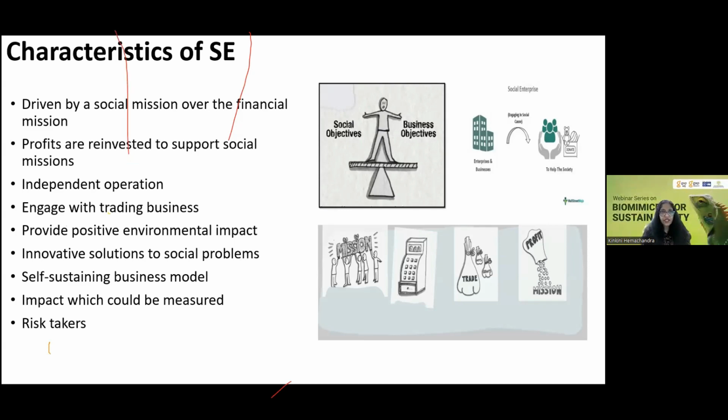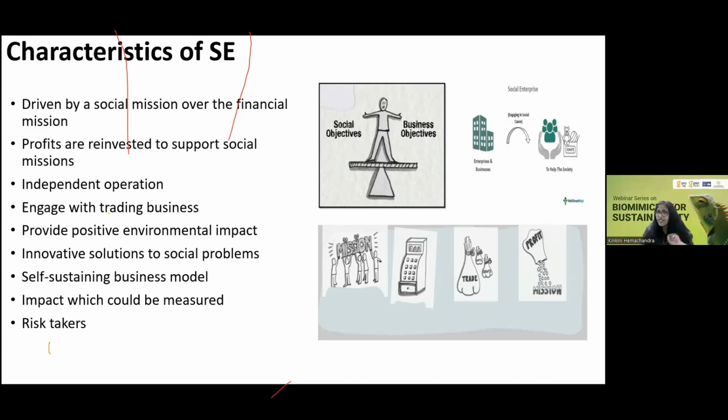And another feature of social businesses and social enterprises, they take these profits to reinvest in their business. At the end of the day, they transfer this profit to the social missions. And also they operate independently, engaging with trading business, and it provides a positive environmental impact as much as possible, and also tries to find some solution for the social problem and a sustainable business model.